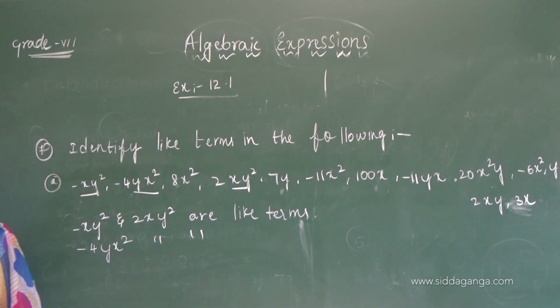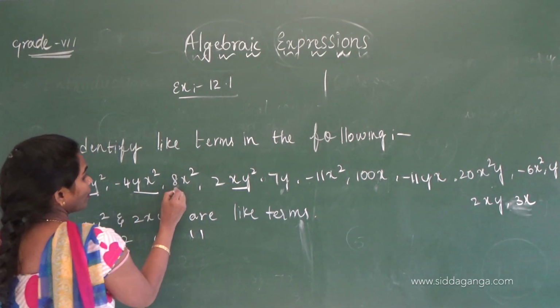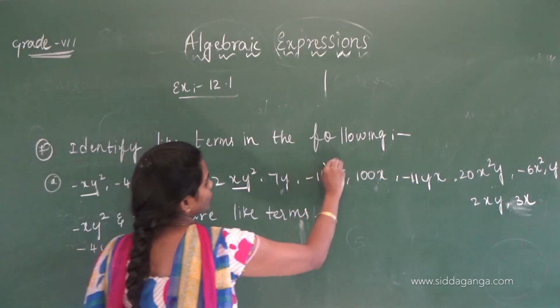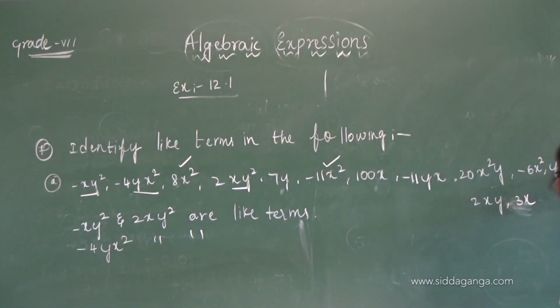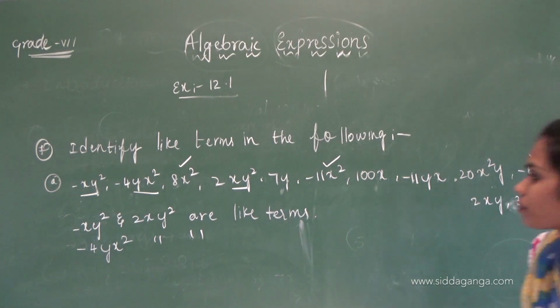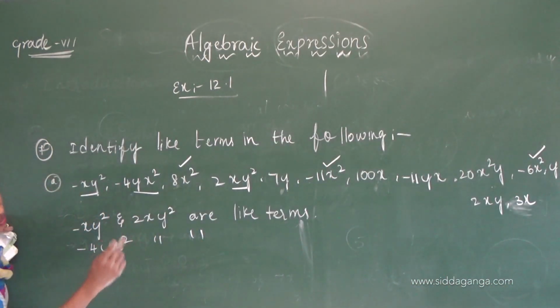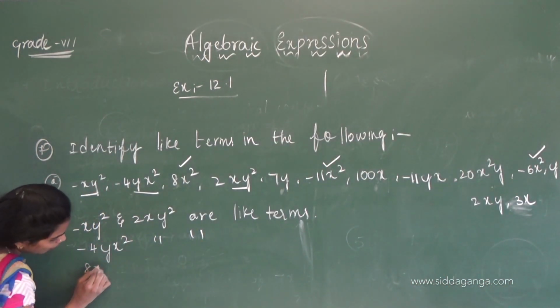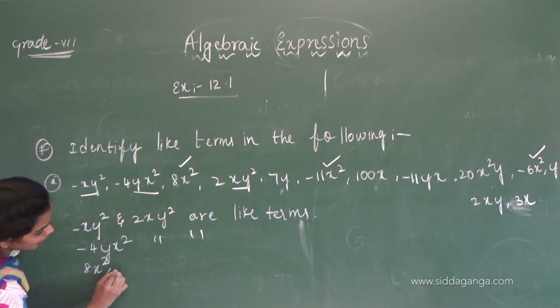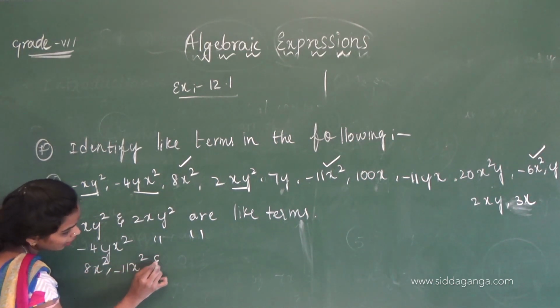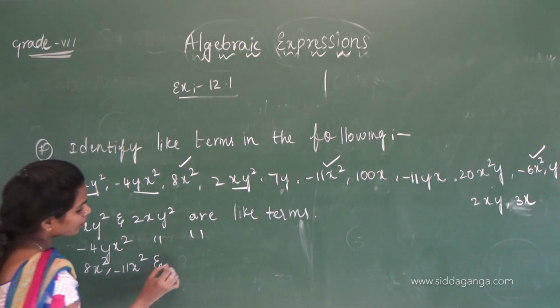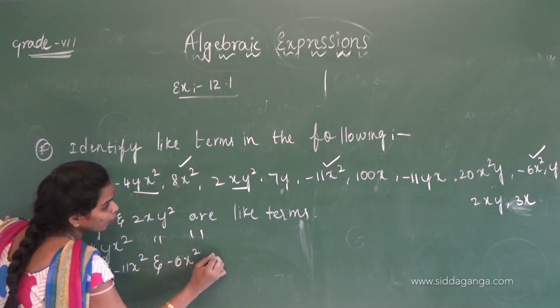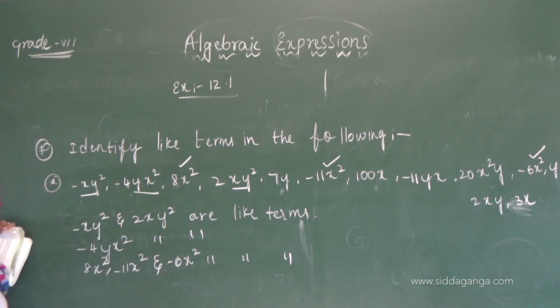And then x square. Minus 11x square and minus 6x square are one type of like terms.